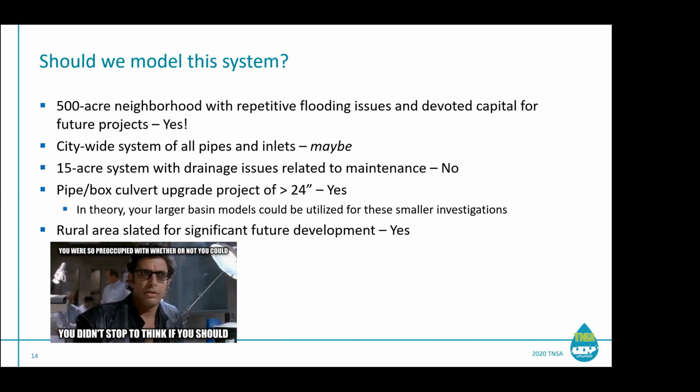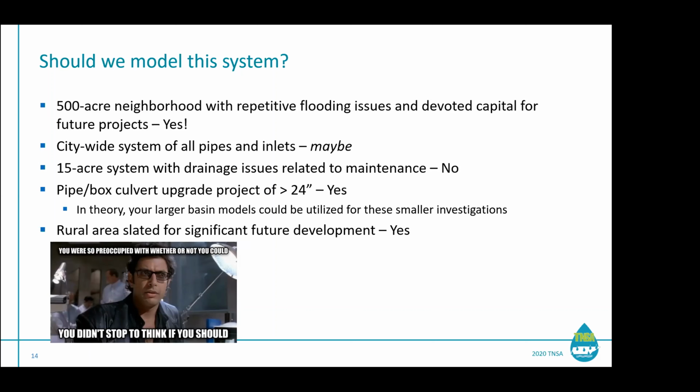A small system with drainage issues that are known to be related to maintenance, that's probably not going to get its own model. A pipe or box culvert upgrade project where you're looking at trying to size the pipe, yeah, sure. You could build a small model to do that. Or in theory, if you've already done that 500-acre neighborhood, or you've master planned entire basins, then you can use those models to craft the improvements based on their output.